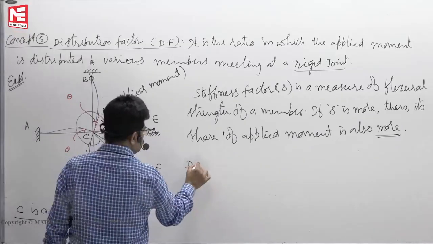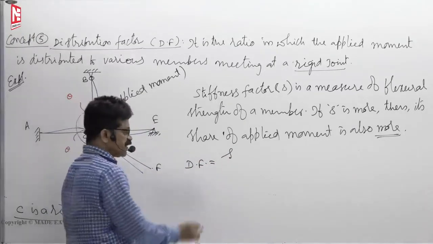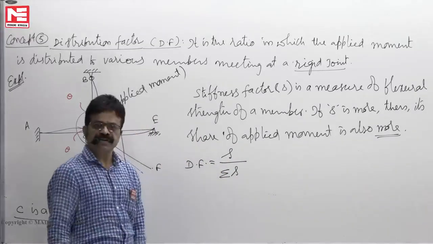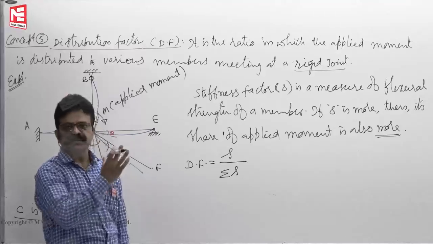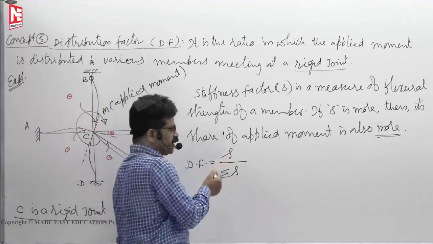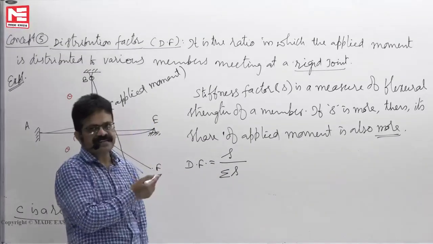So now your distribution factor means the stiffness factor of a single member by the sum of the stiffness factors of all the members. In that ratio, your applied moment gets distributed. Stiffness factor 4A by L, here also 4A by L, 3A by L, then 4E, 3E, cancel it out.